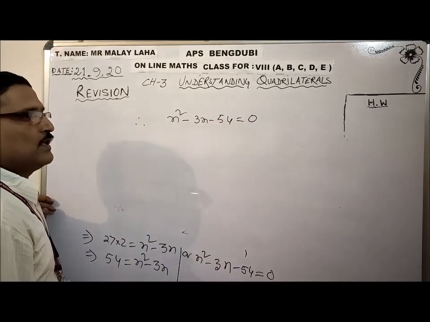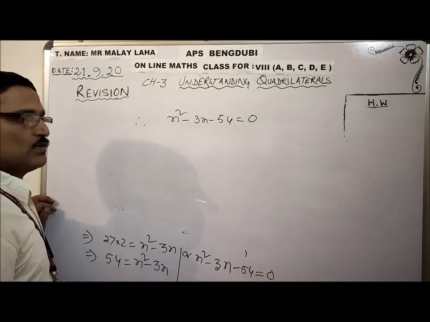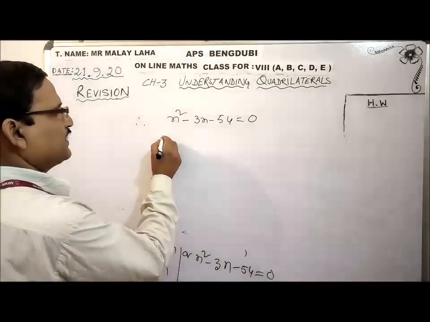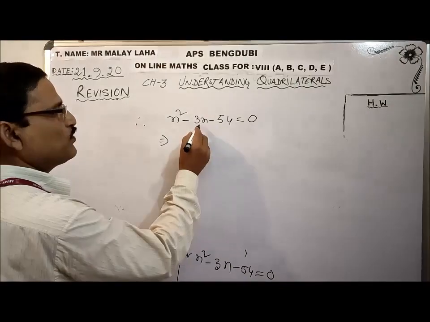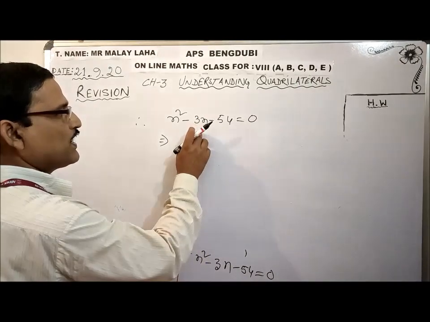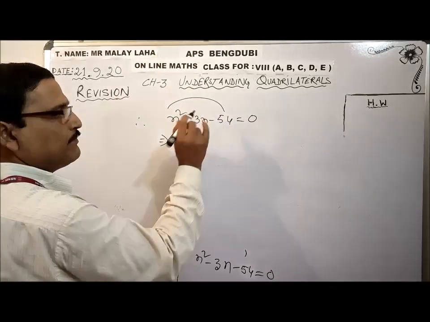Factorization is not covered yet, so I cannot discuss what middle term factorization is, or the entire chapter would be gone. I am just solving it. In the middle term factorization main concept, you have to break down the middle number in such a way that its product is the first term and last term, and plus minus will be the middle term.